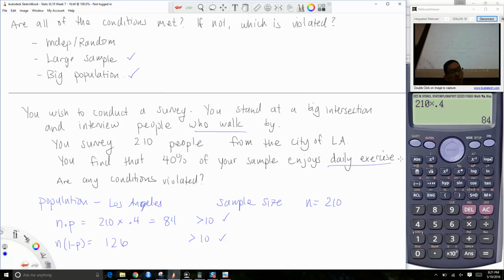If you go to the beach and survey people there, you're more likely to get a certain type of person than someone else. So this is certainly not a random sample. This condition is violated.